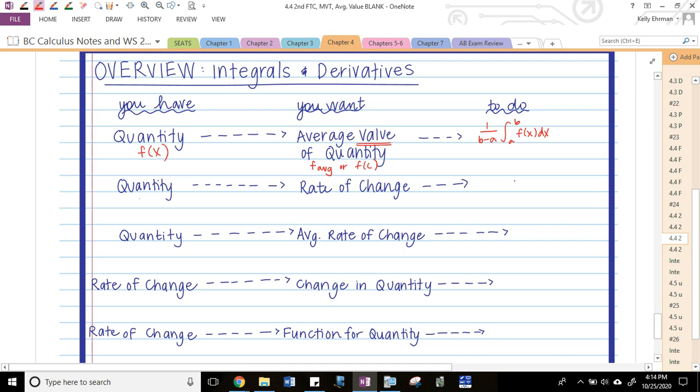If you have a quantity f of x and you want to find a rate of change, a tangent slope, you need to find f prime of x.